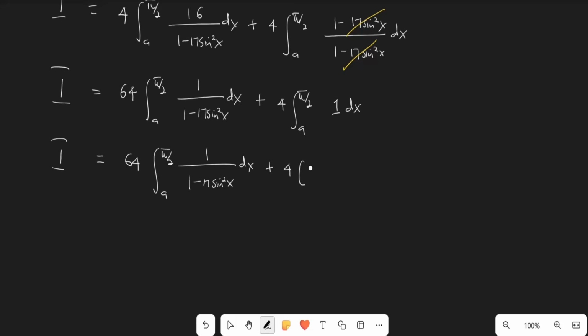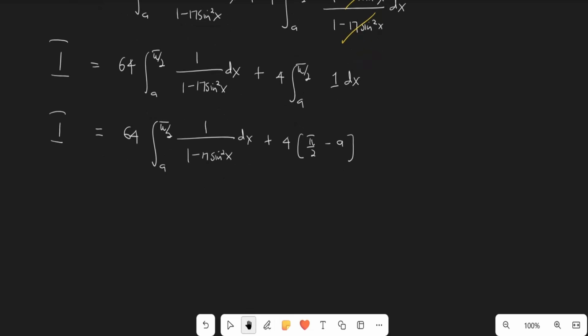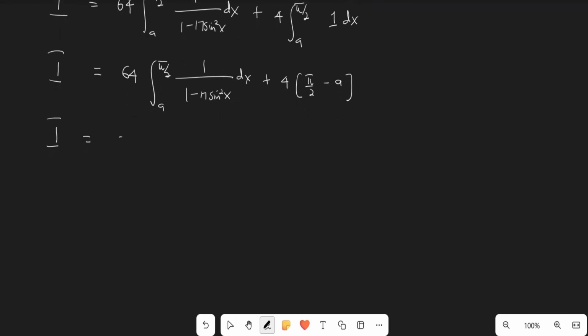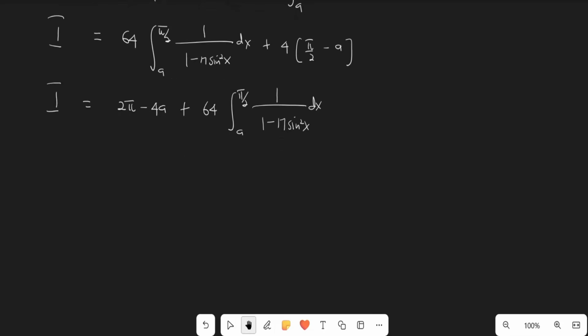That's going to be 4 into pi over 2 minus a. So I is going to be equal to 4 times pi over 2 minus a. That is going to be 2 pi minus 4a, like this, distributing in with the 4, and then plus 64 multiplied by the integral from a to pi over 2 of 1 all over 1 minus 17 times sine square of x and then dx.